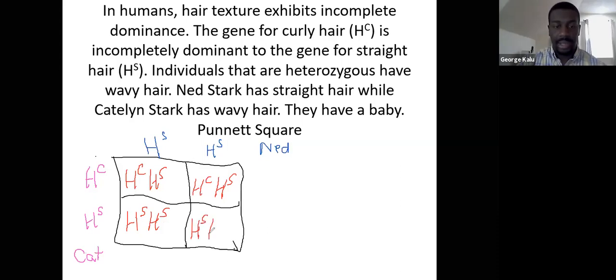Good. So now we're not quite done yet, because we need to analyze what our Punnett square is actually telling us. Let's take these from the perspective of our genotypes first.